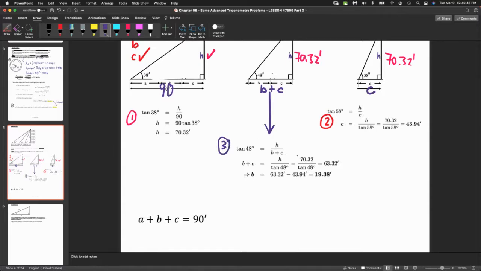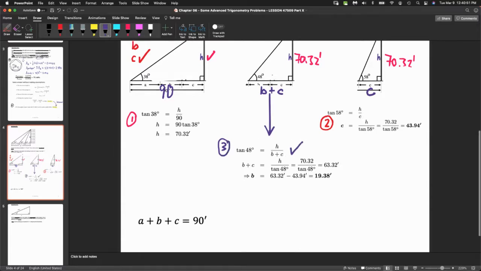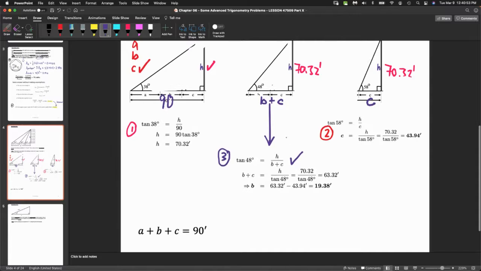In step 3 here, I wrote tan. I think everybody in this audience is comfortable with tan because we have opposite and adjacent. So that's what this equation is. Now, looking at that, some people will get intimidated because they see all these letters. But I want to just focus on one thing, and then it'll be clear to you.